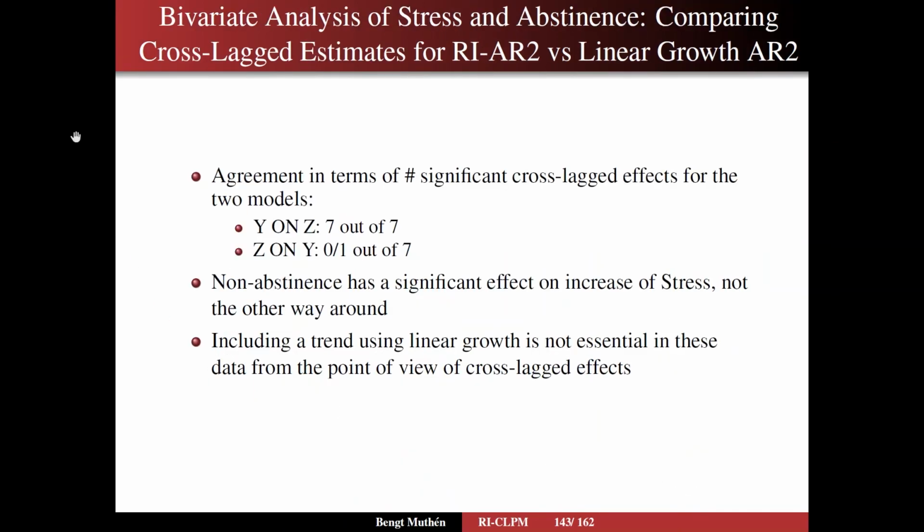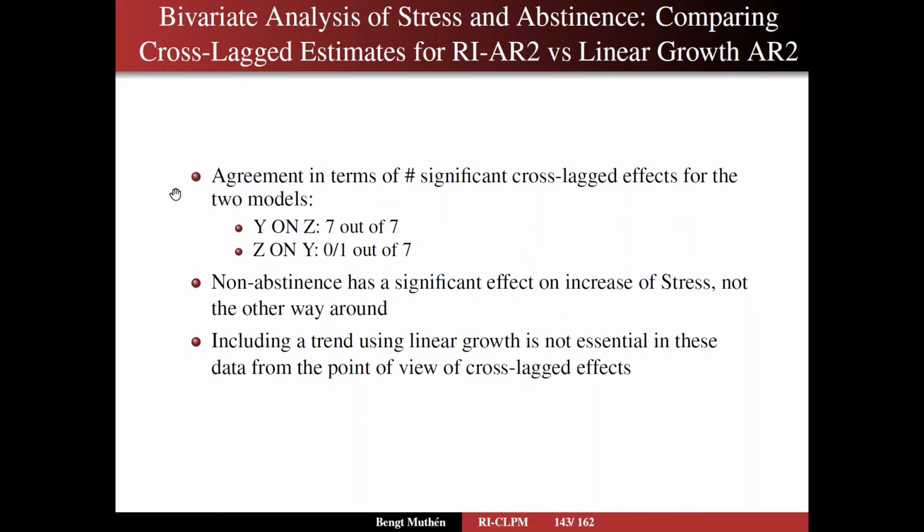So what do we conclude from this bivariate analysis? Well, we have agreement in terms of the number of significant cross-lagged effects for the two models. The two models being RI-AR2 versus the linear growth AR2, where we've added slopes. The stress variable slope is random. The abstinence slope is fixed, but it's still there.